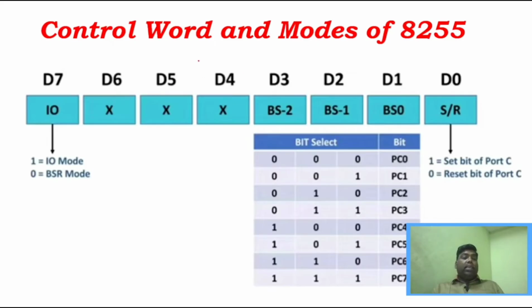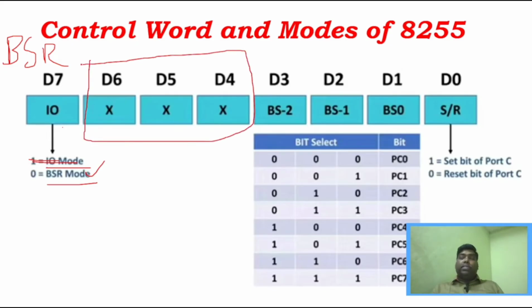You can see here, if this pin is 1, it will be IO mode, and if it is 0, it is BSR mode. Now consider this is for BSR mode configuration. If it is BSR mode configuration, then this pin will be 0, and you don't need to worry about these 3 bits. Why?